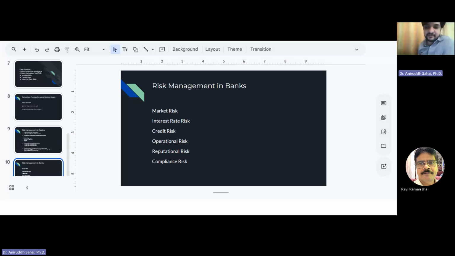Let's come to the next kind of risk, which is reputational risk. The bank's reputation is one of the key factors responsible for the growth of the bank. If the bank is not trustworthy, people will not give them the finance. And if nobody is giving funds to the bank in the form of deposits, in the form of fixed deposits or recurring deposits or savings or current accounts, how will the bank acquire the funds and lend them out, which is the primary business of the bank, as we've discussed before?